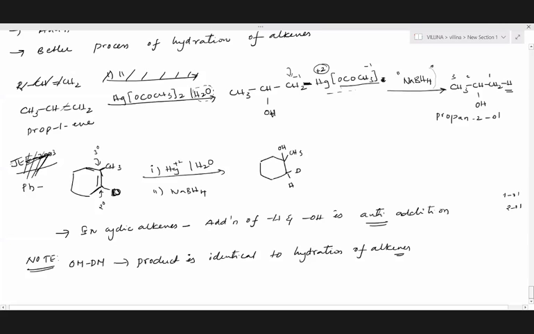Now in the second step, in presence of this reducing agent NaBH4, this addition of hydrogen will happen according to the Markovnikov's rule. So what will be there? We will be having CH3, CH, OH, and CH2.